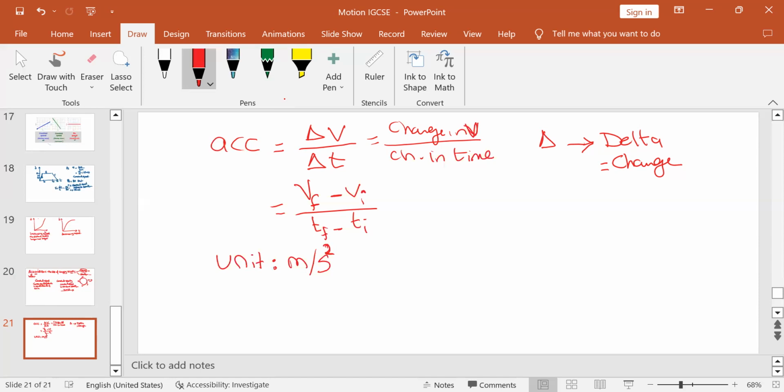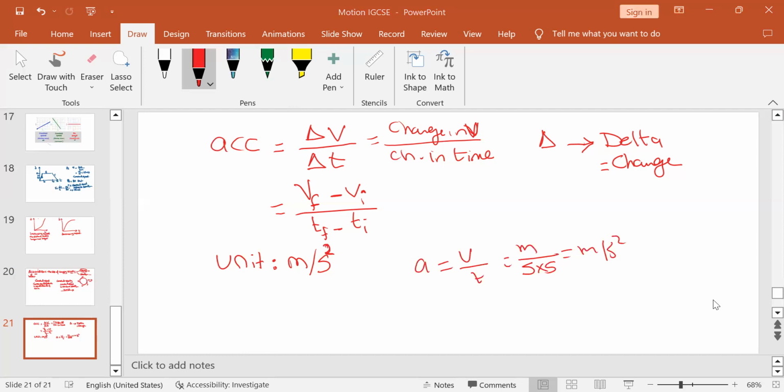Yes. Because meter per second is only the unit of velocity or speed. But meter per second squared is the unit of acceleration, because we said that acceleration is V over t. The unit of velocity is meter per second, and here we have another second for time. So it will be meter per second squared. Okay?